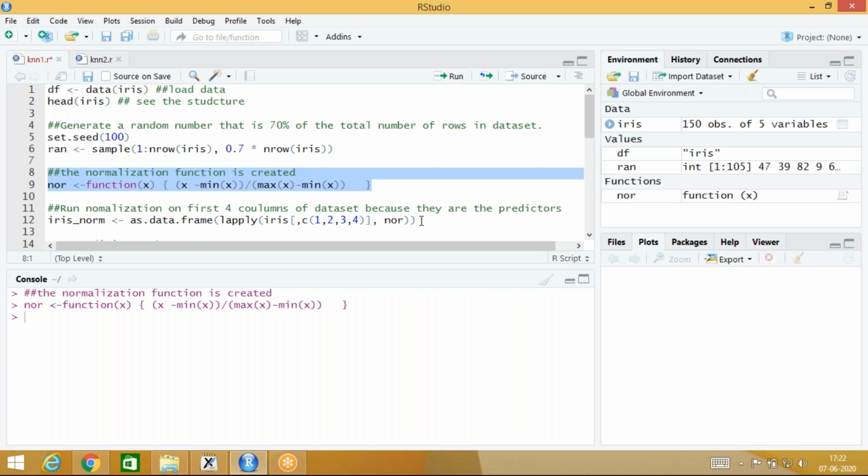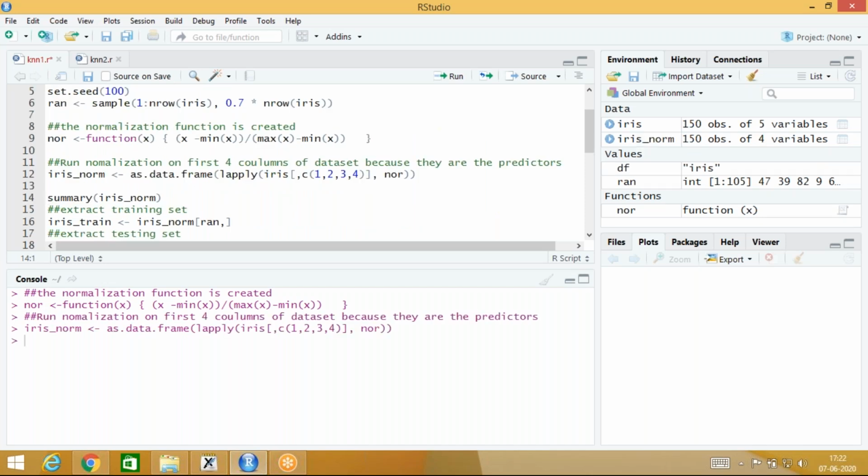And then I apply this function on the first 4 columns, 1, 2, 3, 4, in the iris data set, and save it in iris norm. That means normalized iris dataset.